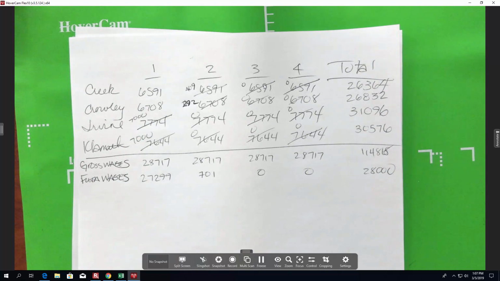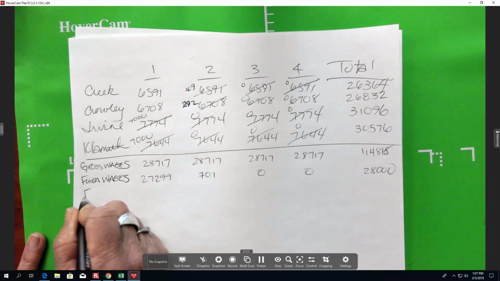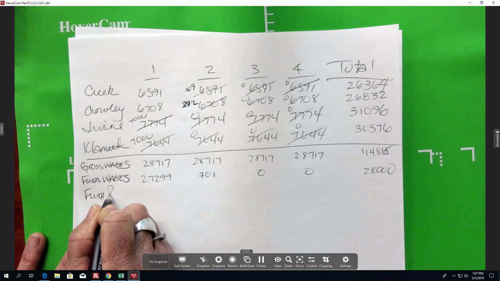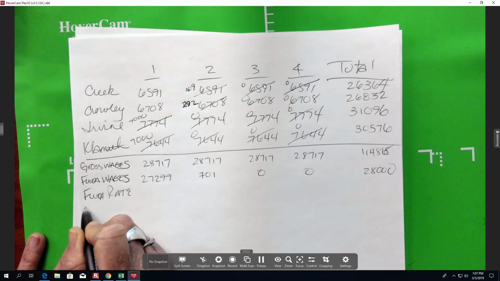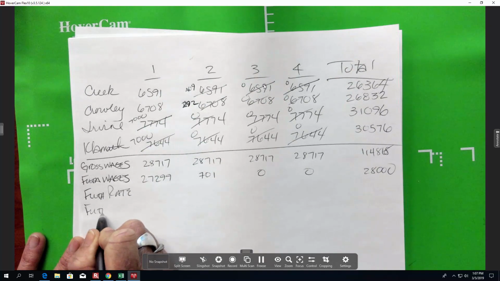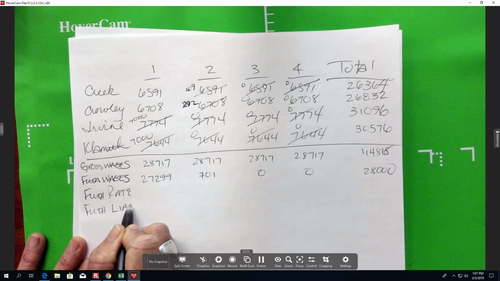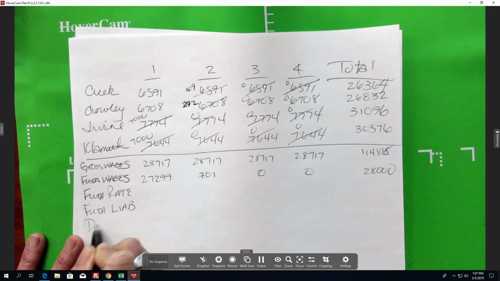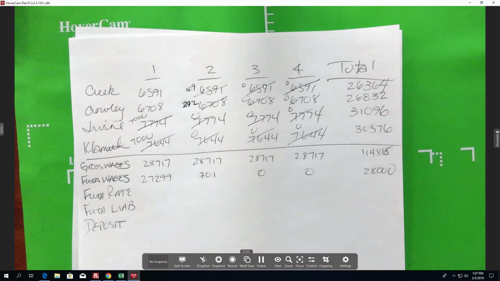So the last 2 lines, or 3 lines, I guess, is our rate, our liability, and our deposit. And basically, you know what the rate is, so you can fill that across.